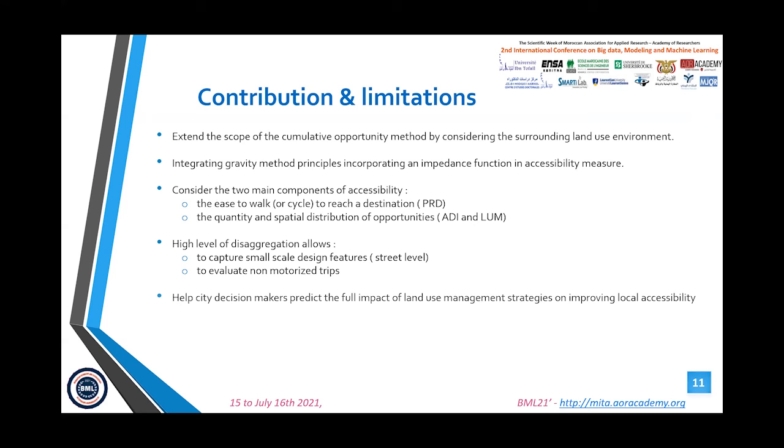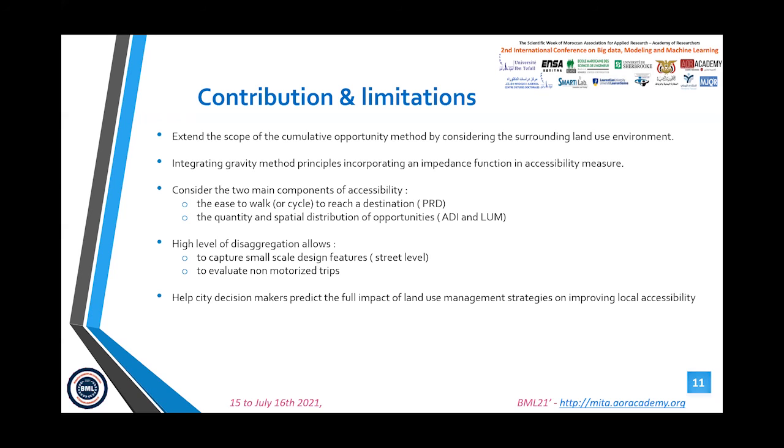Our method can also help city decision makers predict the impact of land use management strategies on improving local accessibility, such as densification of activities, mixing activities, and bringing them closer together by improving walking and cycling conditions and pedestrian-friendly environments. Nevertheless, our method presents some limitations.